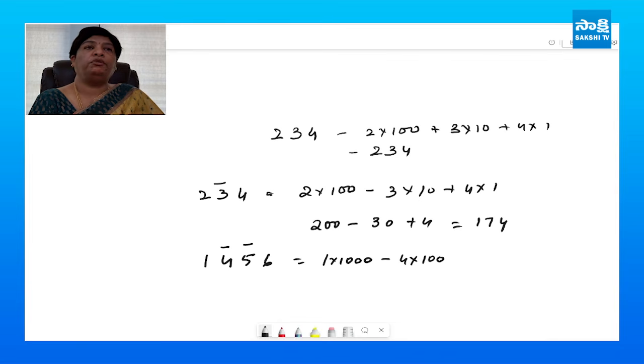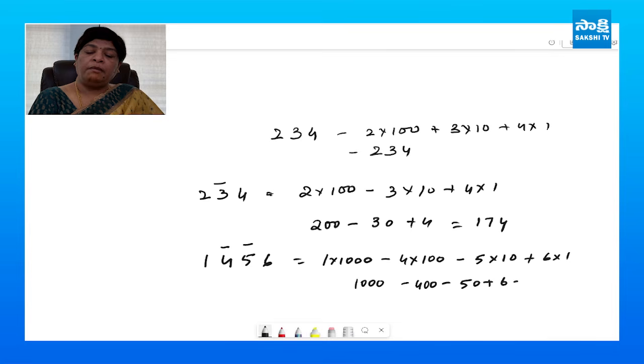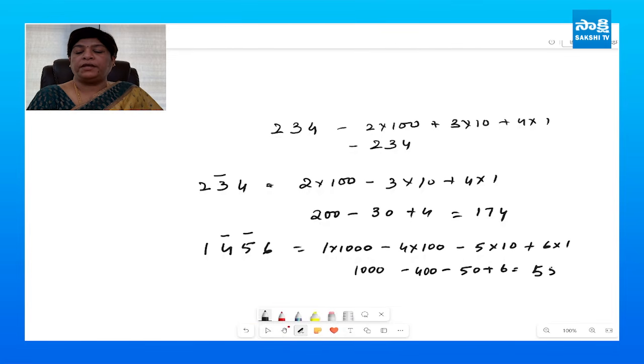The place value of 4 is 100. Minus 5 into 10, since the place value of 5 is the tens place, so I'm going to subtract 50, plus 6 into 1. So it's going to be 1000 minus 400 minus 50 plus 6, making it 556. So the equivalent of 1, 4 bar, 5 bar, 6 is 556.